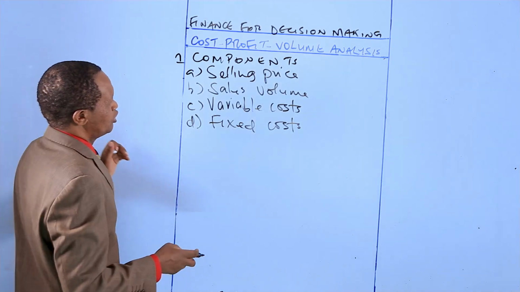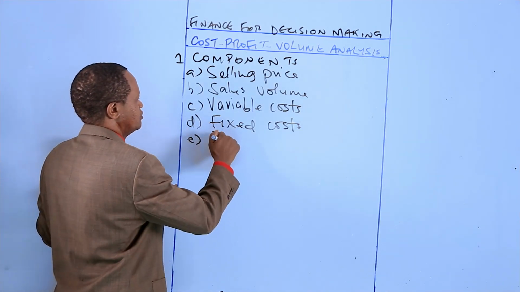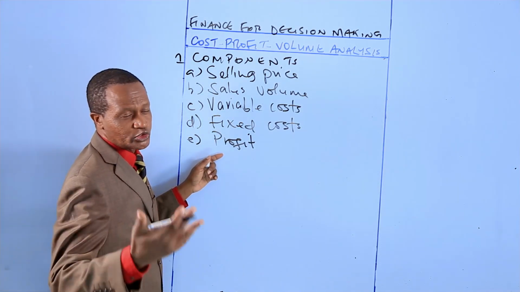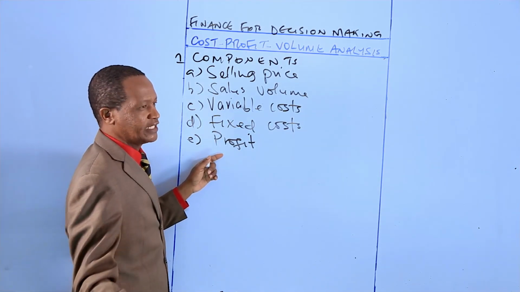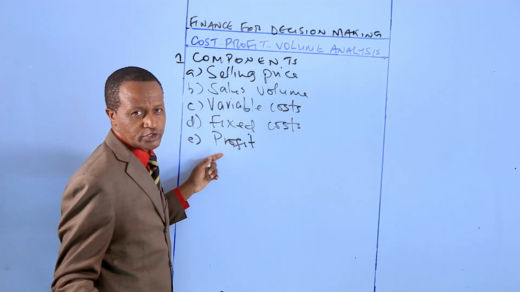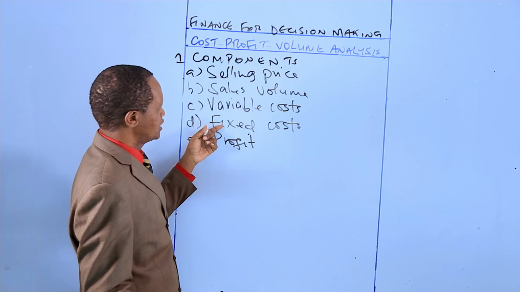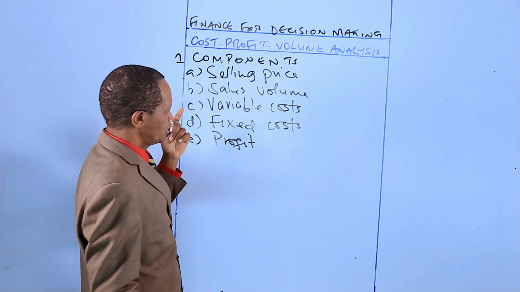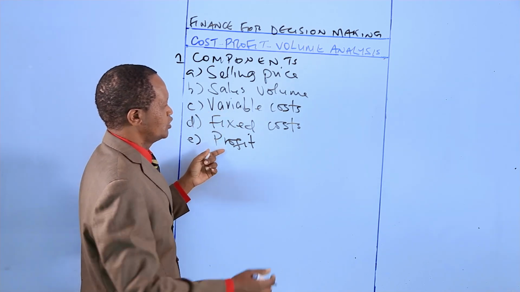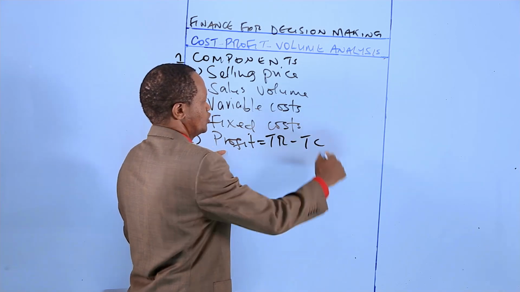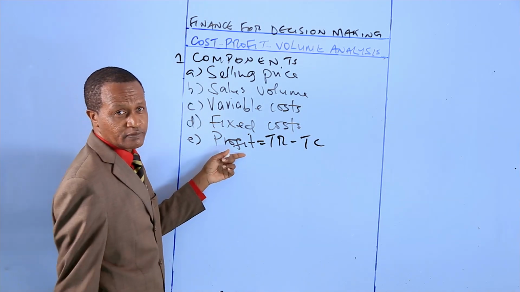Then the last component is profit. This is the total revenue minus total costs. And total costs here include the fixed costs and the variable costs. So total profit is equal to total revenue minus total cost. That is how you get your profit.